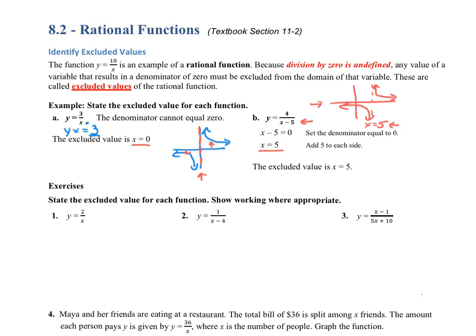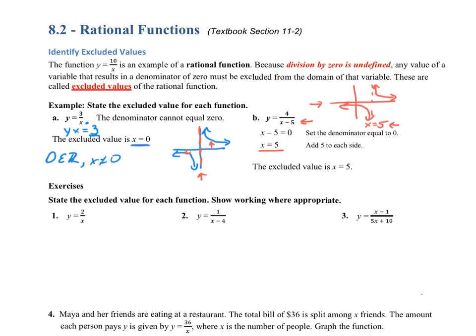So the excluded value is the number for x that I can't use with that particular function. So it's telling me what the domain restriction is for that equation. So in letter A here, the excluded value is x is equal to 0. So the domain would be the set of all real numbers where x cannot equal 0.